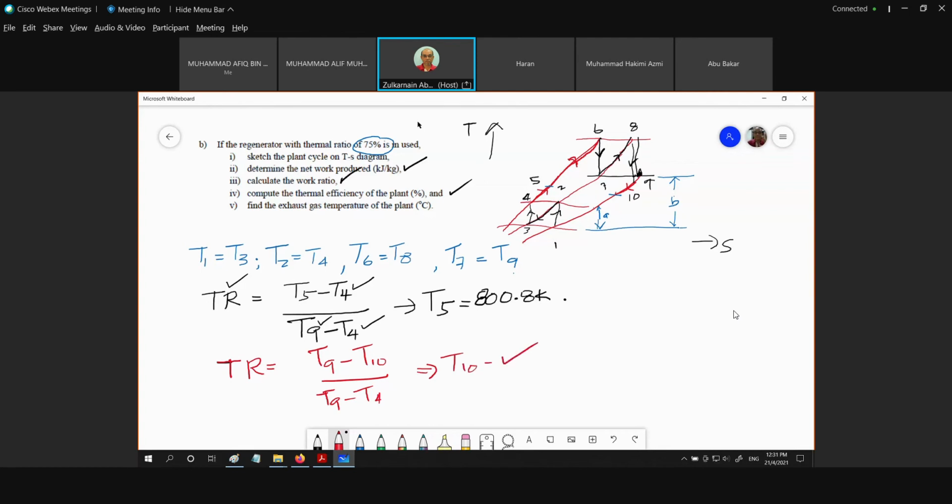Like I mentioned before this, we only solve for T10, or the exhaust gas of the plant, if the question asks us to get it. Otherwise, we don't need that T10 or the exhaust gas from the plant. Okay?